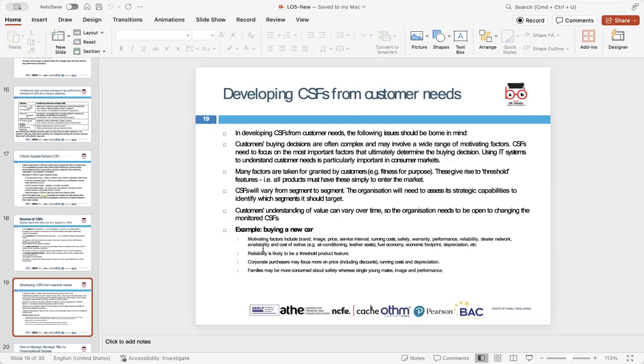For example, when buying a car, some consumers may prioritize reliability while others might focus more on style or price. The organization must regularly reassess its monitored CSF as customer preference and market dynamics can shift over time.